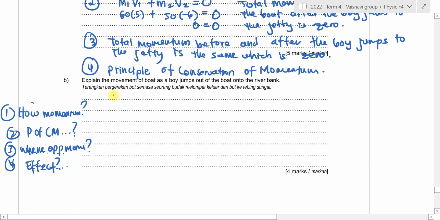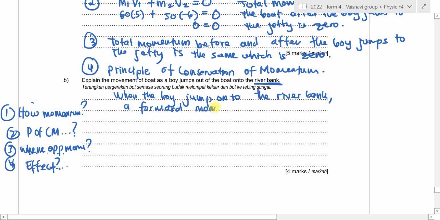Okay, when the boy jump onto the river bank, a forward momentum is produced.